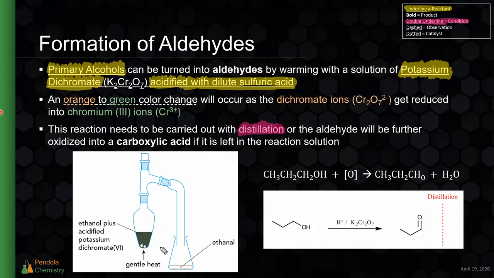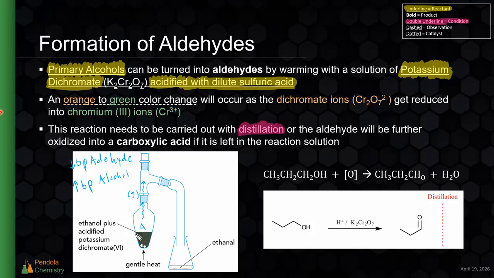Remember, distillation is going to prevent that and separate that aldehyde when it forms. We have the alcohol with the acidified potassium dichromate, and because the boiling point of the aldehyde is going to be lower than the boiling point of the alcohol from which it's made, which is higher, if we heat up the reaction vessel, as the aldehyde, and I'm going to just label it with A, gets made, that aldehyde is going to evaporate into the gas phase as it gets heated up.